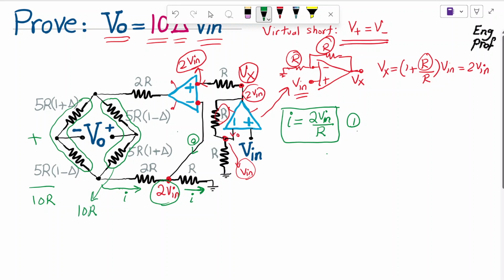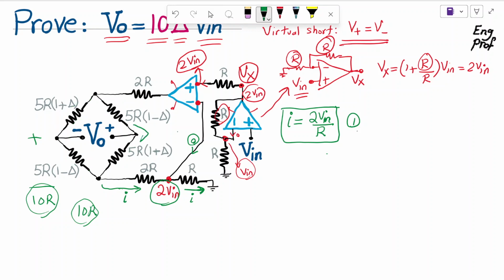So the lesson learned is we have two branches in parallel with the same resistance. Therefore, if the total current coming out of them is I, half of that current goes through the right branch and half through the left branch. So this current is 0.5I, and this current is also 0.5I.